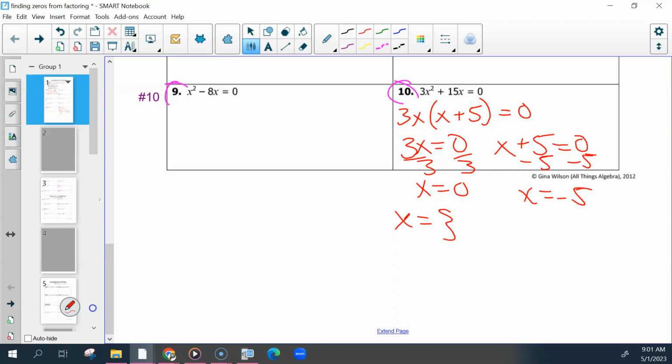So then we'll have negative 5 and 0 as our solutions. What questions do we have on that?